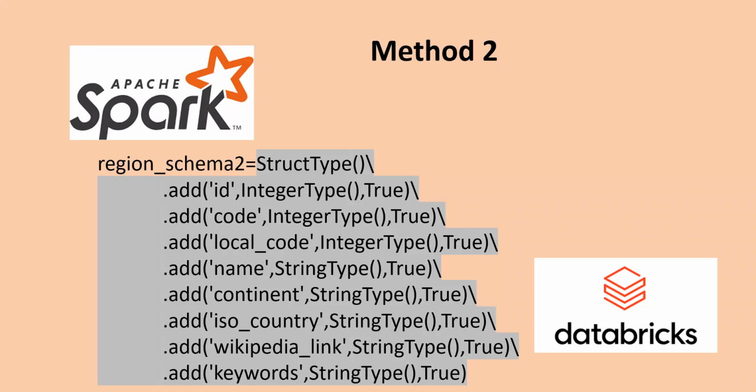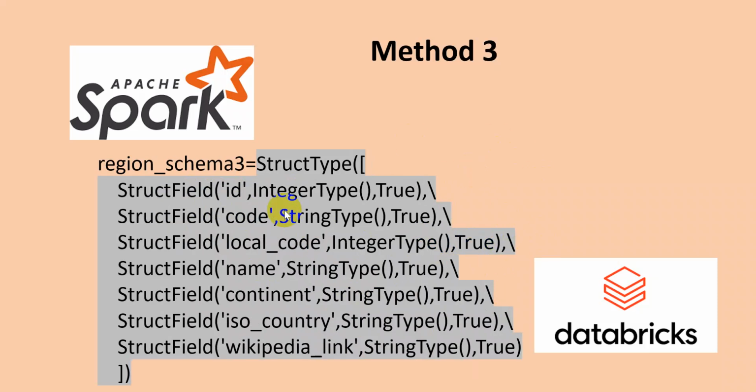To define method two, you just need to mention struct type, bracket open, bracket close, dot add. If you have multiple columns, you can define them like this. That will be method two.